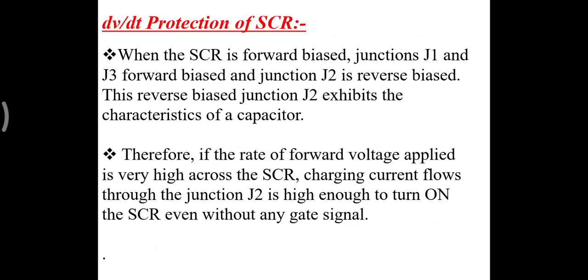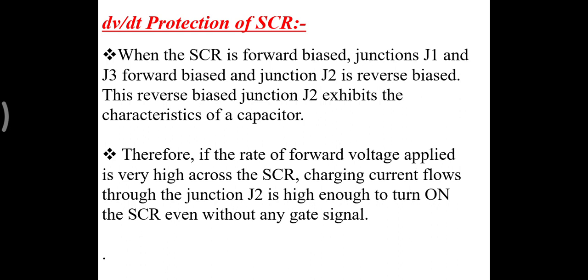During the turn on process, J1 and J3 are in forward bias, J2 is in reverse bias. To get the SCR into forward conduction mode, J2 must be in conduction mode.